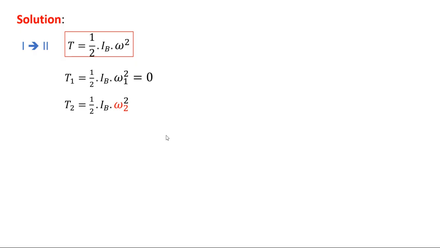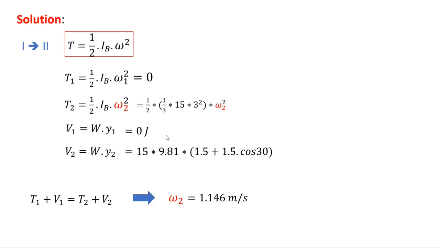By substituting that in the equation, since it's rotating around the point B, it's going to be 1 over 3. From there, we can find the value in terms of the omega 2 square. The V1 is equal to the weight multiplied by the y1, which is 0, so it's going to be 0. For the second case, it's going to be the weight multiplied by the y2, which is negative 0.2, and we're going to have the value in total.